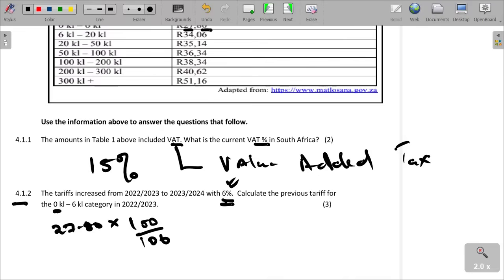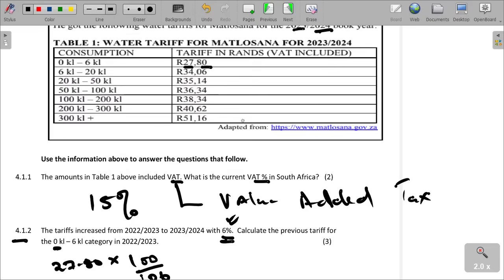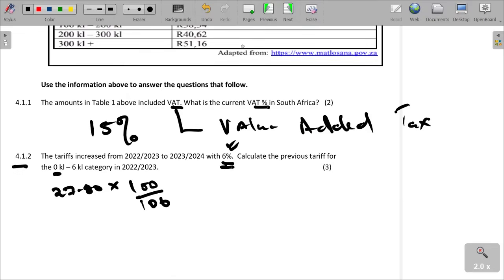We are given that 0 to 6 kiloliters is 27 rand 80. When we calculate that, we multiply 27 rand 80 by 100 over 106, which is equal to, when we put it through the calculator, 26 rand 23.